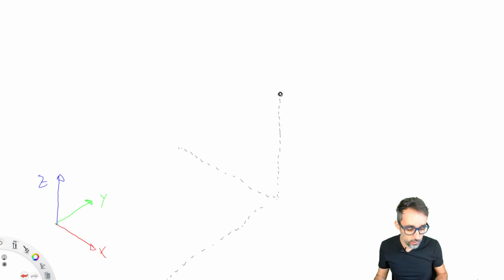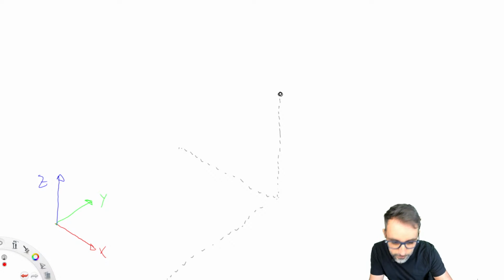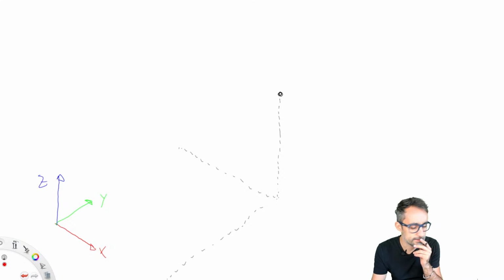But now what we want is to say, maybe somehow I have a different coordinate system here. How am I going to draw this so that it makes sense?